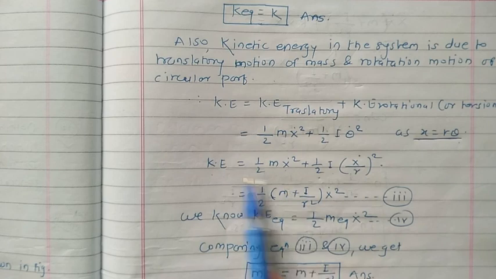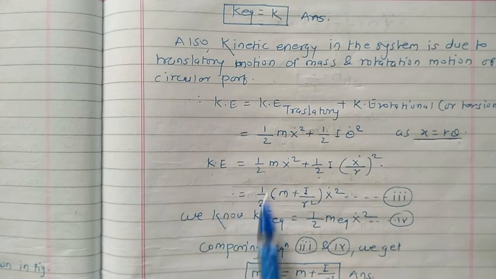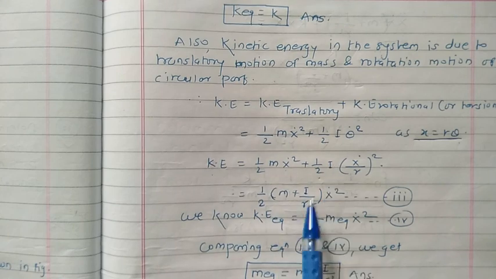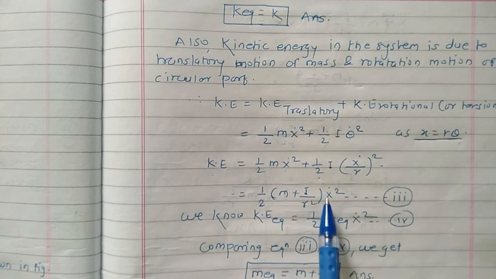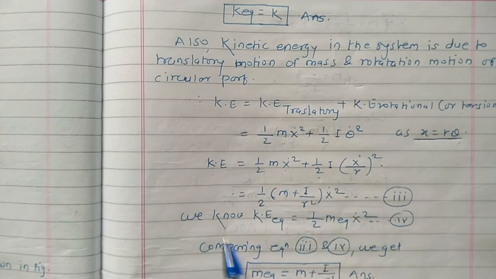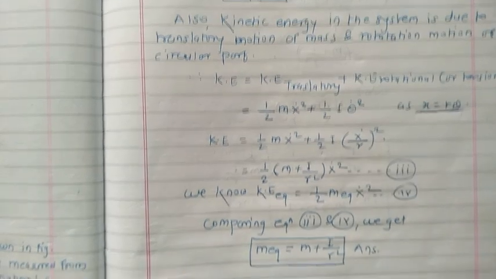So from this you can get kinetic energy equals 1/2, the mass term will remain as it is, this term will remain as it is, and r square will occur here. Take this x single dot square common from both the terms. What about the equivalent kinetic energy?